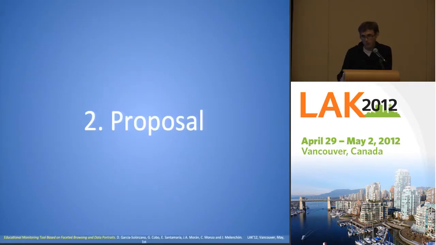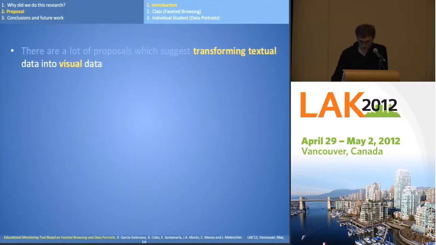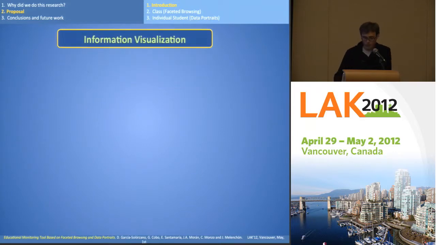So we propose the following approach. There are a lot of proposals which suggest transforming textual data into visual data. It implies using information visualization techniques, and this is the focus of this approach.